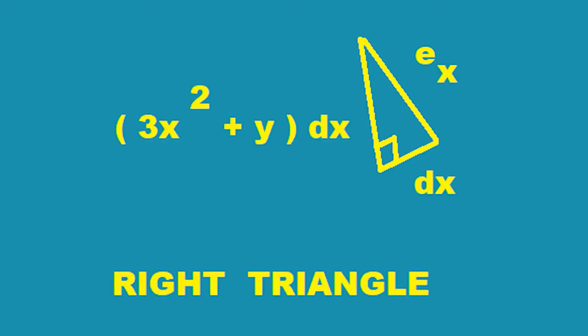Looking at this closely, we see dx and the partial derivative 3x squared plus y times dx as the legs of a right triangle, and the hypotenuse as the infinitesimal distance ex along the cross-section of the surface. To find ex, we now can use the Pythagorean theorem.